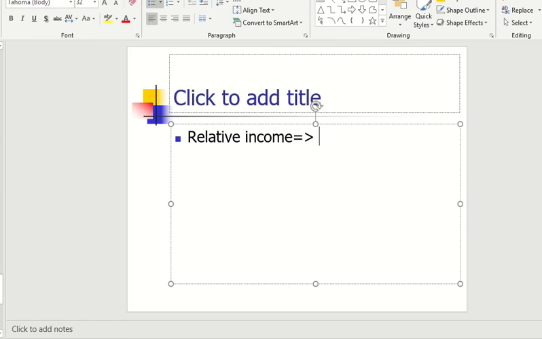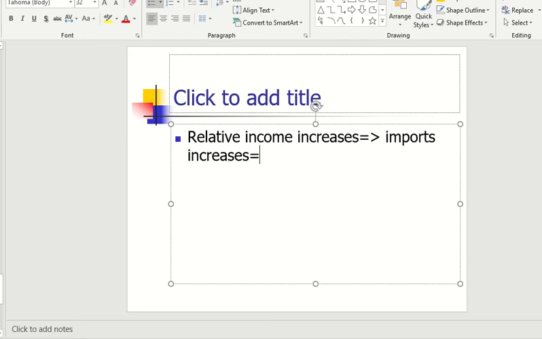So when you look at the transactions across the border, what is likely to happen? What is likely to happen to the imports of the United States? Most likely, Americans are likely to buy more from other countries, including the UK. So imports are likely to increase. Let me just write it here. Relative income increases, so imports increase.